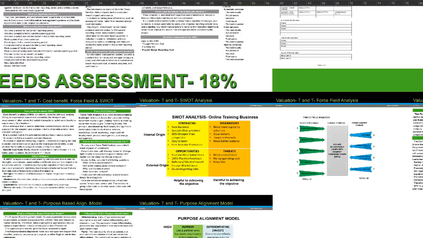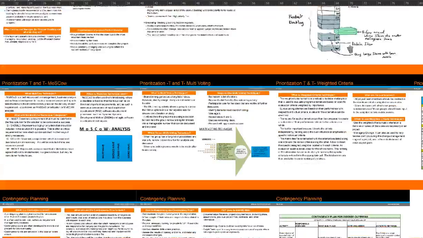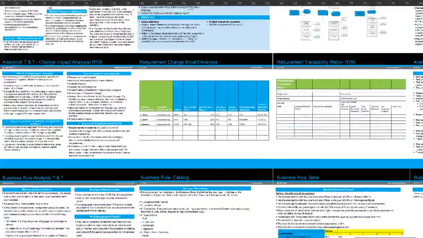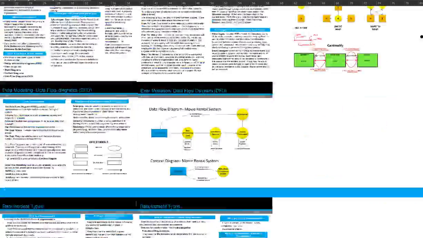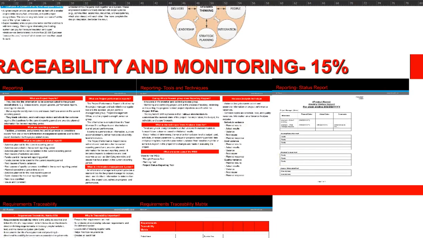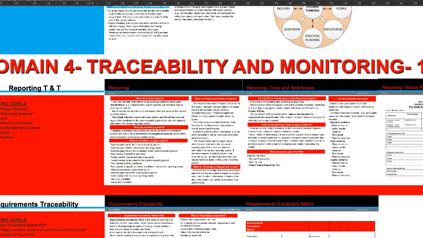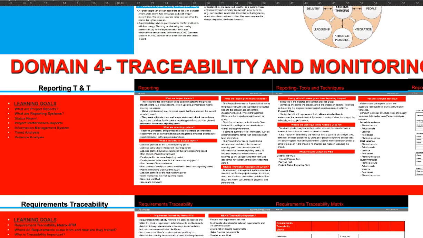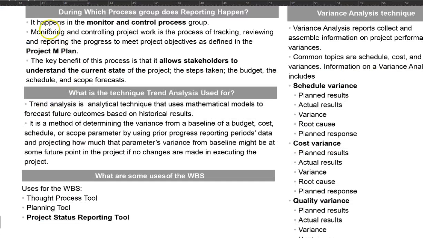When we get down here to the traceability and monitoring domain, you see the same thing, and this is where the reporting really happens. It happens in the monitor and control process group.